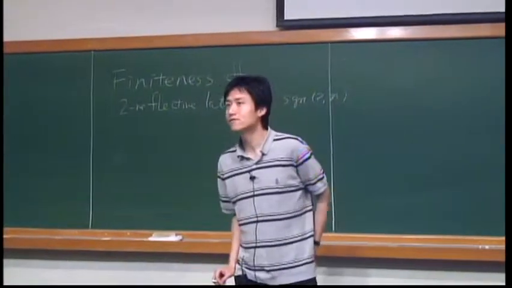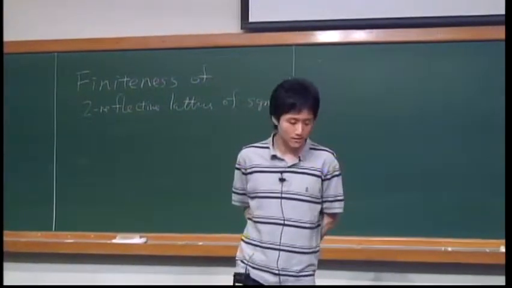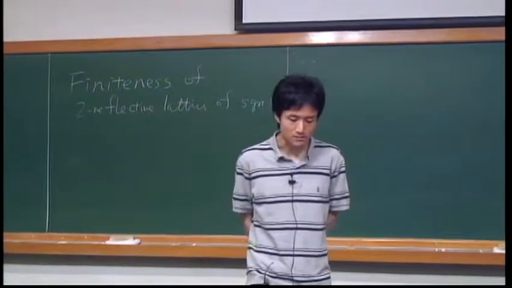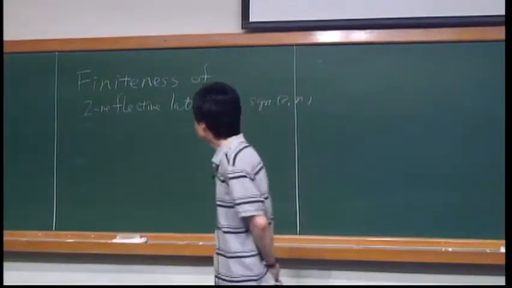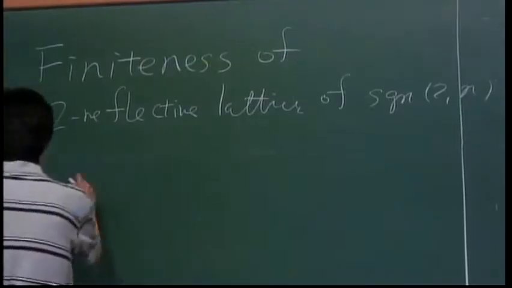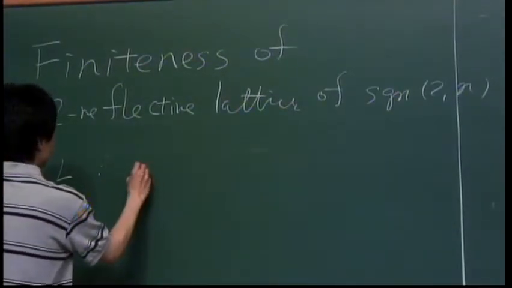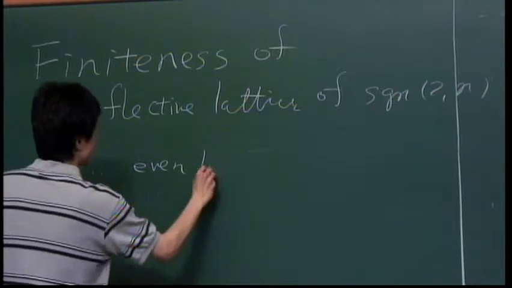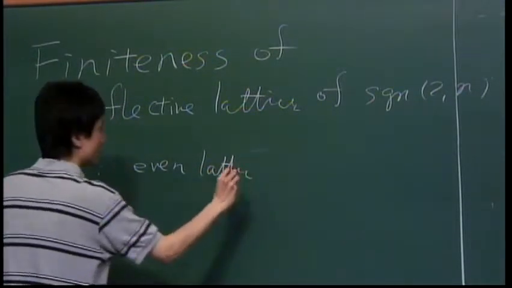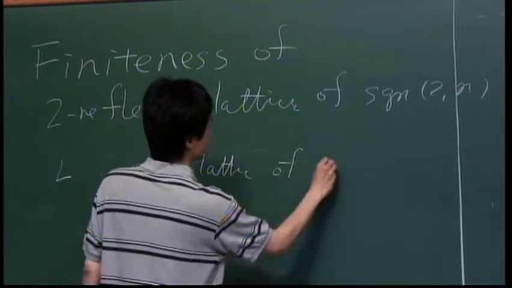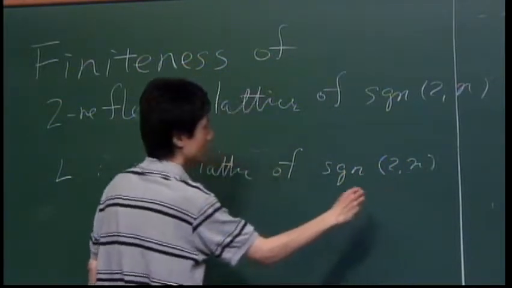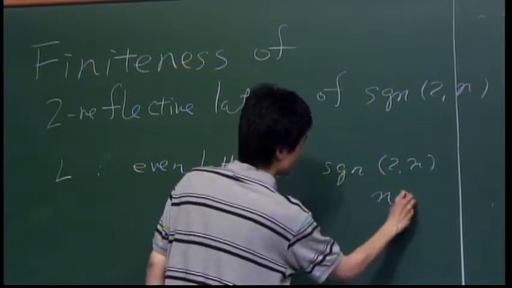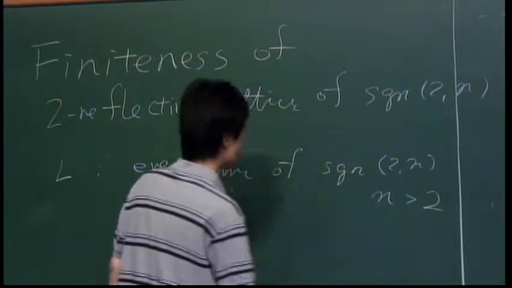I would like to talk about a finiteness result for some special lattices of signature 2n. So let L be an even lattice of signature 2n, and I assume that n is larger than 2.